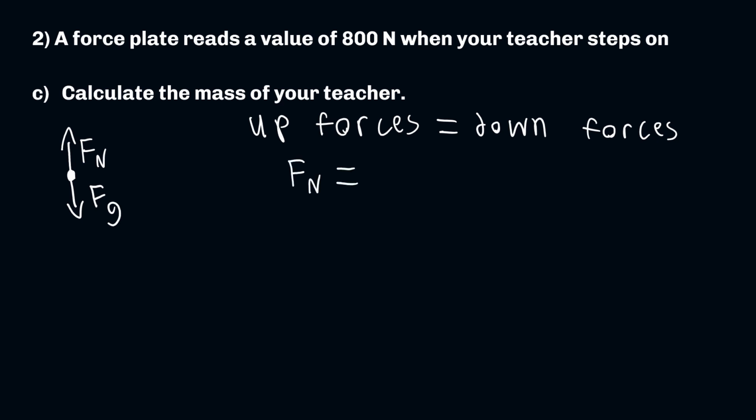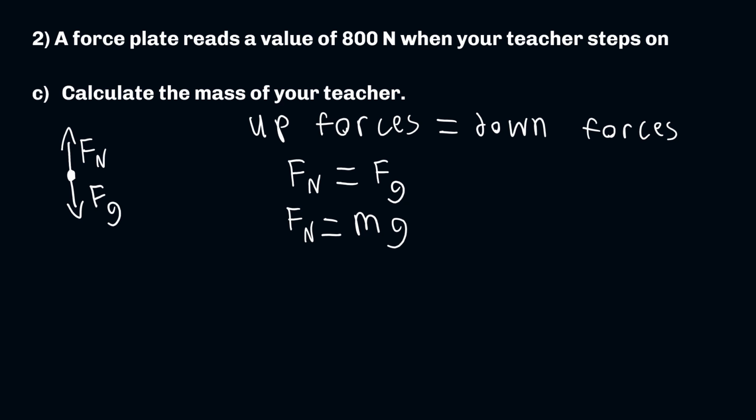That is equal to our down force, the force of Earth on the teacher, Fg. Then we can go one step further. We say that Fg is equal to mg. That is a fact of physics: the mass times the gravitational field strength of that planet.